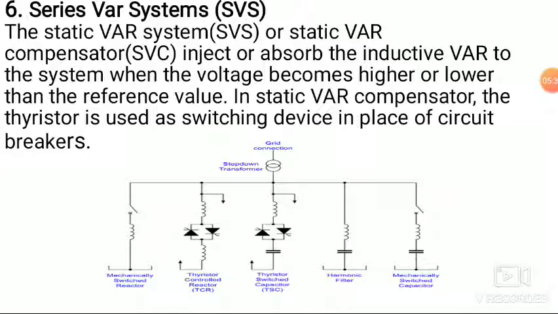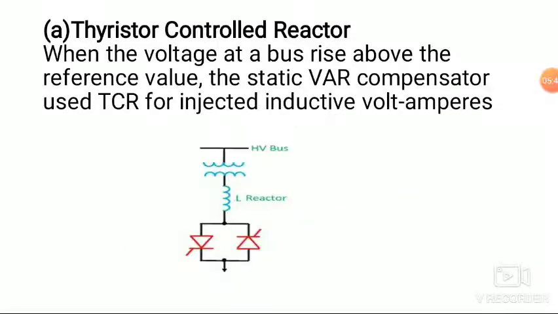Most commonly used SVC schemes are as follows, and we can also see in the diagram: thyristor controlled reactor and thyristor switched capacitor. First is thyristor controlled reactor. Thyristor controlled reactor consists of a reactor L placed in series with the thyristor valve.